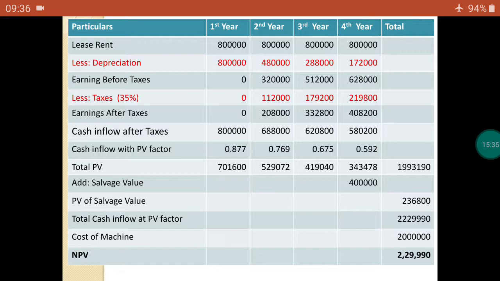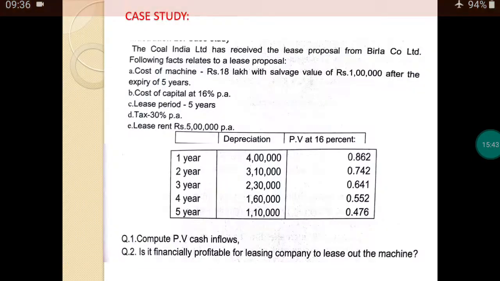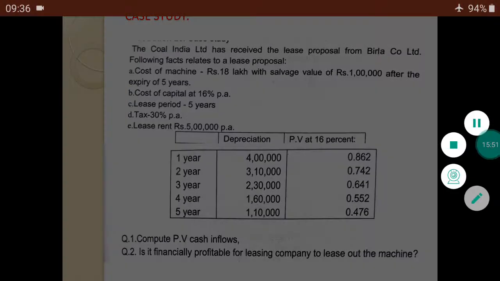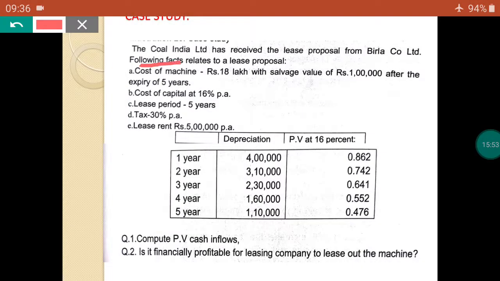Now we will move to the case study. The case study is Coal India Limited has received a lease proposal from Birla Company Limited.